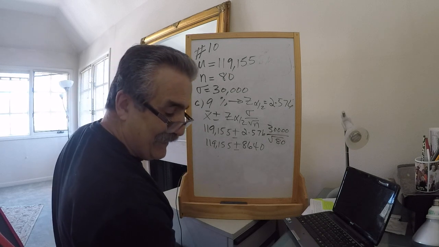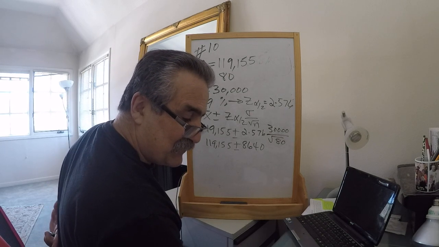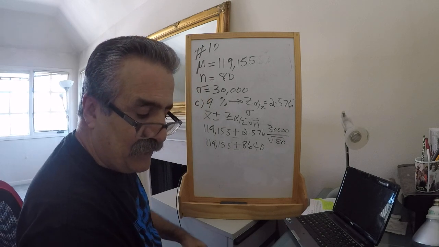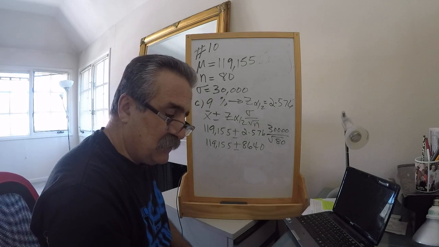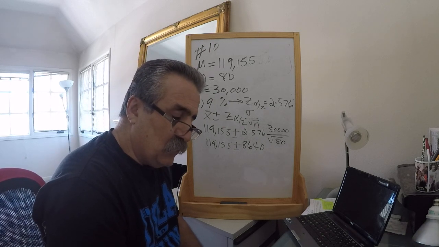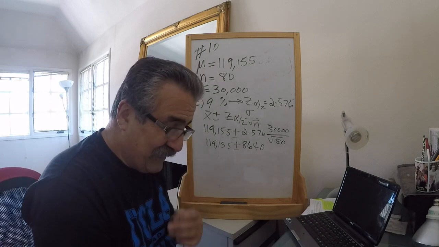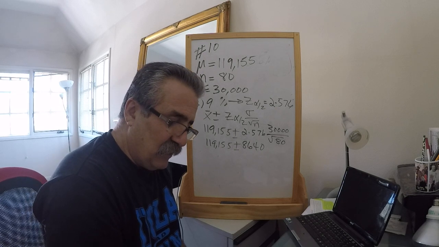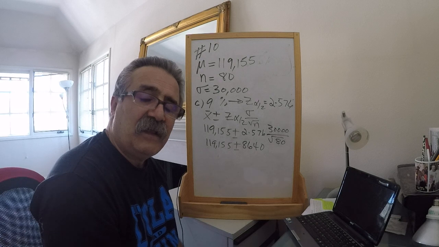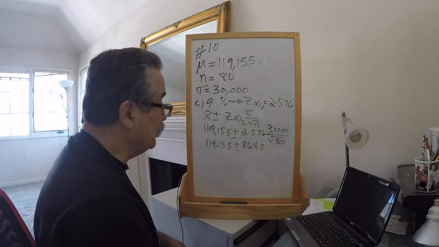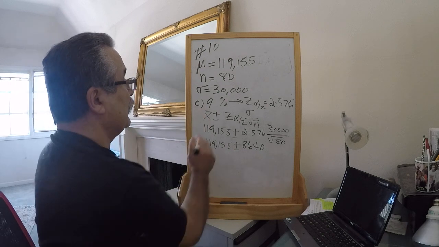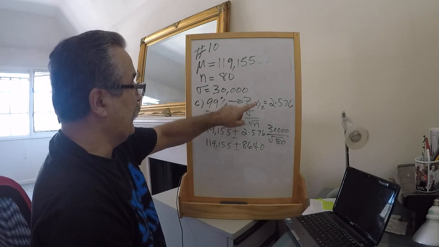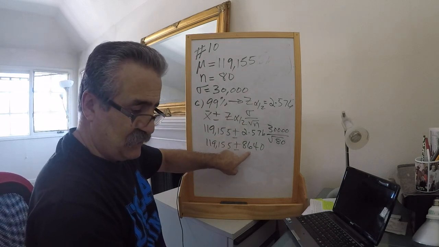And then for part D, they're talking about discussing what happens to the width of the confidence interval as the confidence level is increased. Does this result seem reasonable? Explain. Well, when we increase the confidence level, we are also increasing the margin of error. In this case, at 99%, the margin of error came out to be 8640.